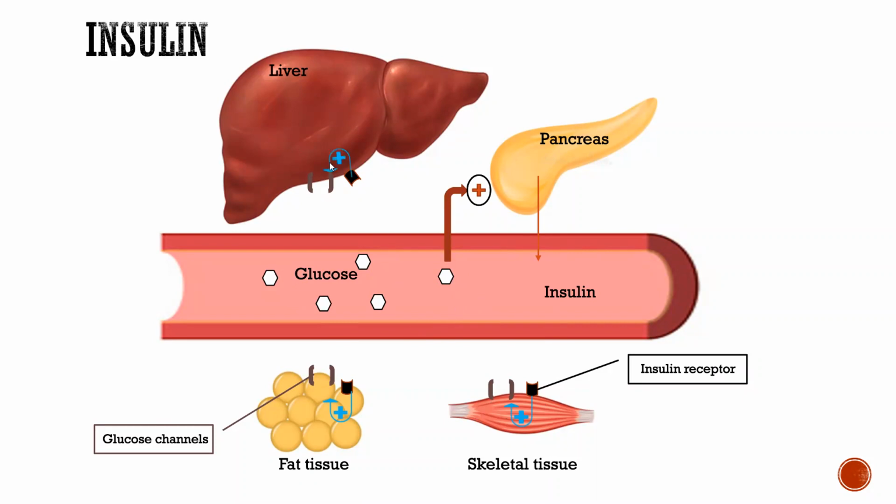It's that key mechanism, that locking key. When that key goes in there, it's the transporter on that receptor. It's the only way it can be stored or utilized in these sites: liver, fat, skeletal muscle.